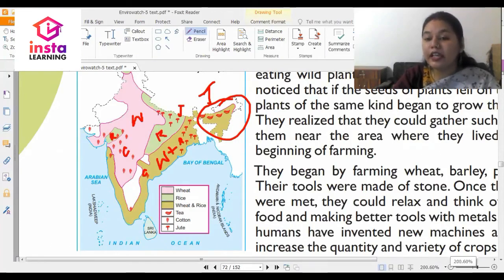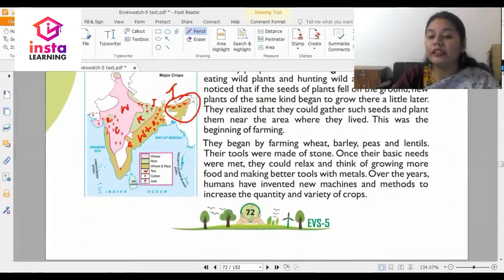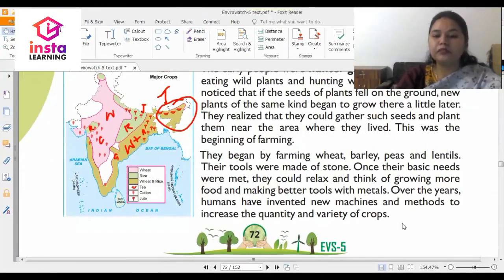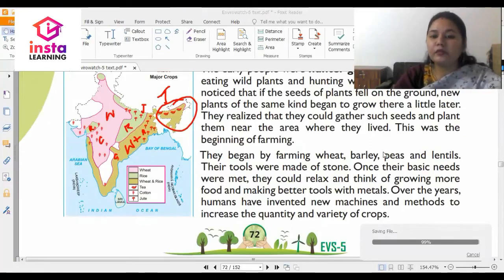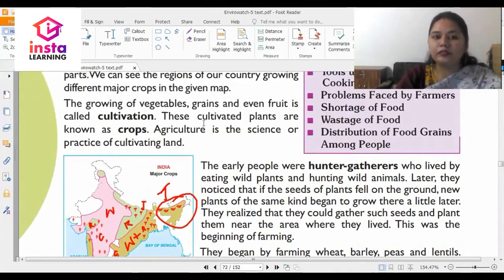So India produces so many crops and so many states here are into the production of different crops. All right, so let's move further. And you can obviously try and mark these yourself as well.